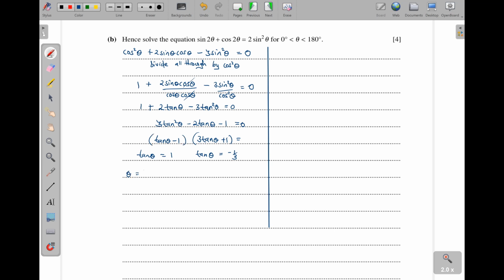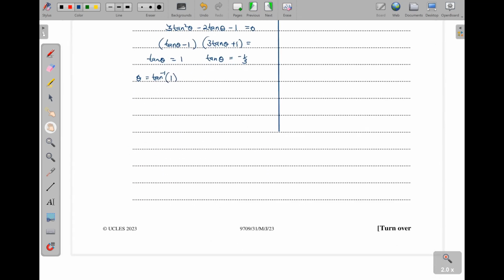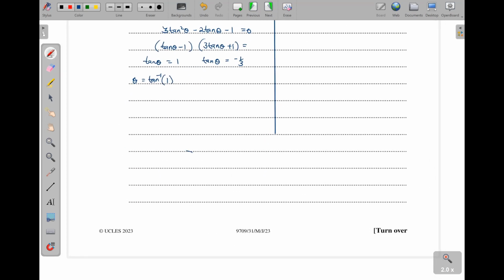Now theta is going to be the arctan of 1, which is 45. Okay, we know that tan is positive in the first quadrant, STC. So this is 0, 90, 180, 270, then 360 degrees. So tan is positive here and here.